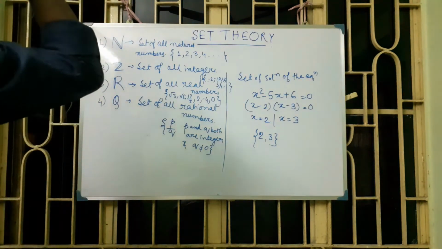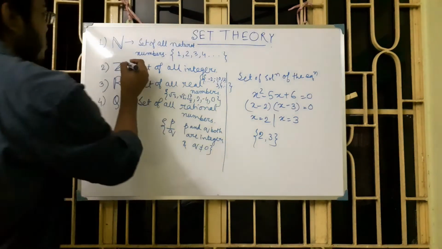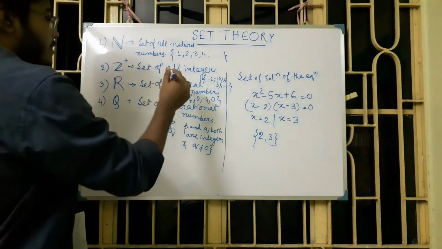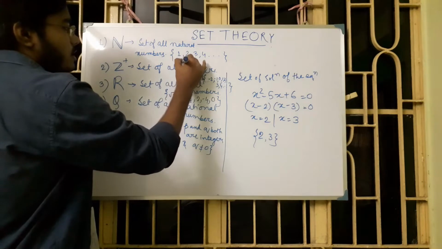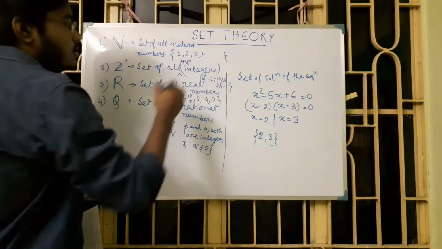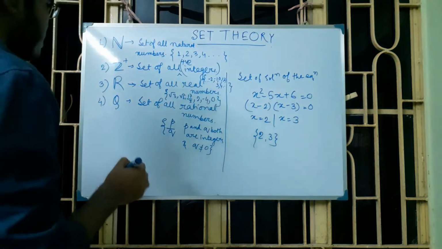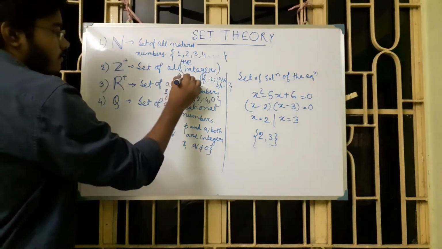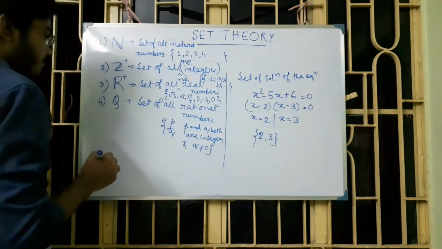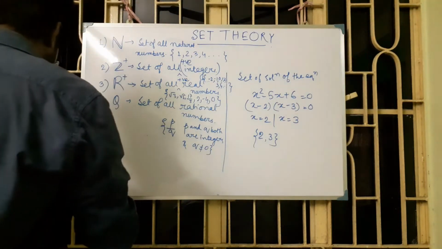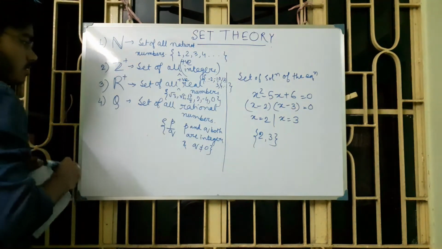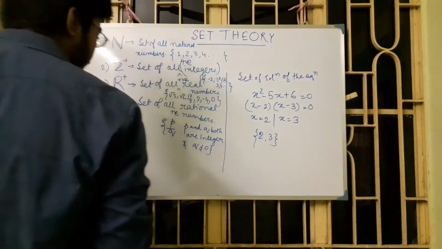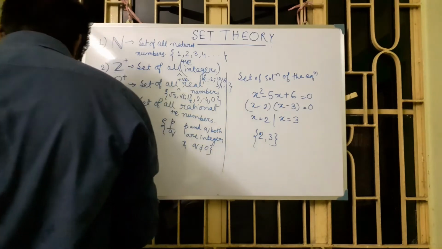Now more sets: Z plus is the set of all positive integers. R plus is the set of all positive real numbers. One more is Q plus, the set of all positive rational numbers.